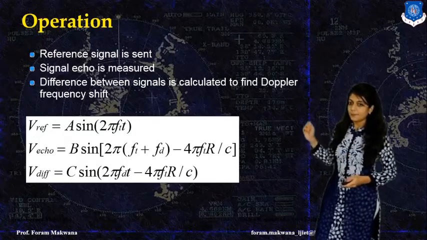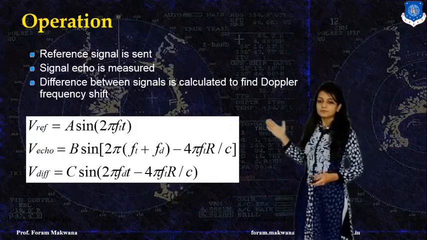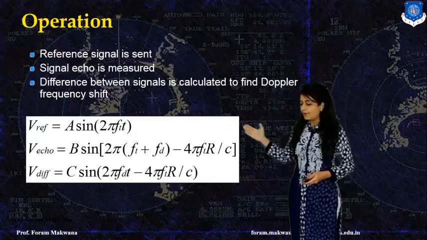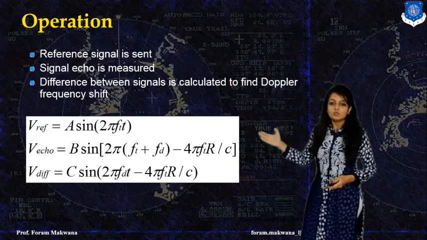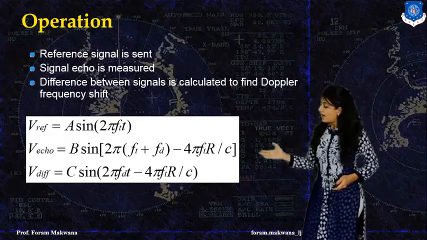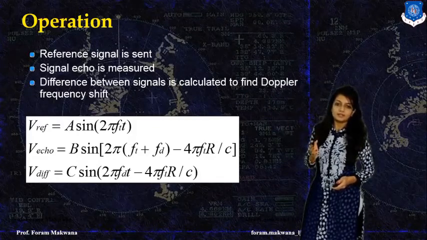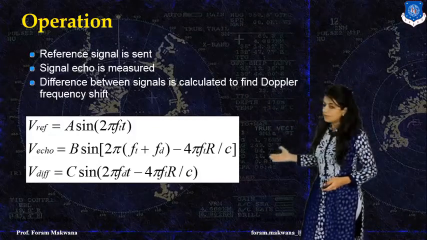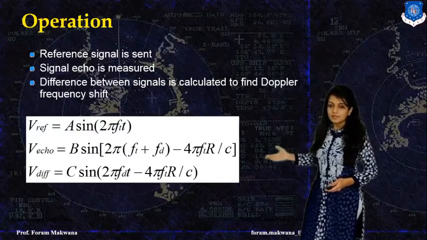Let's say my reference signal V reference equals A sin 2 pi f t times t. And the echo signal, which is reflected from the target, is B sin 2 pi (ft plus fd).